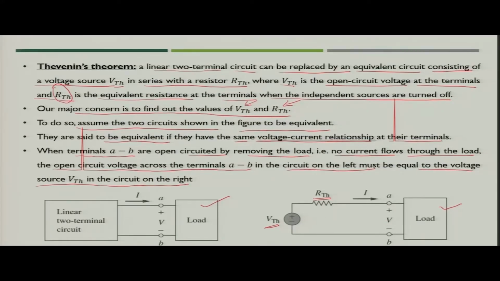When it is open circuited, there would be no current flowing in this particular segment, right. So, if you remove the load, no current will be flowing, and in that case this particular voltage would be nothing but VTH.